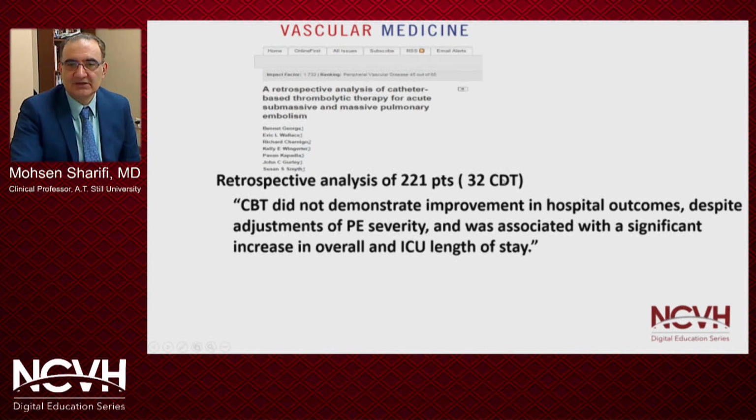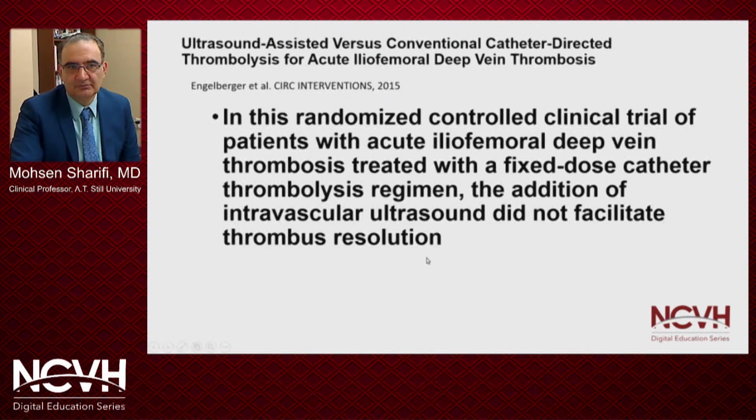32 of them had some form of catheter-directed thrombolysis, and they came to the conclusion that catheter-directed thrombolysis does not improve hospital outcomes despite adjustment for PE severity. And in fact, it was associated with significant increase in overall and ICU length of stay. Well, it's obvious that if you're putting a catheter in somebody's lungs and giving TPA, they should be in the intensive care unit.